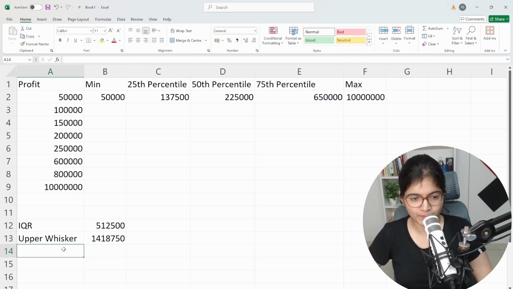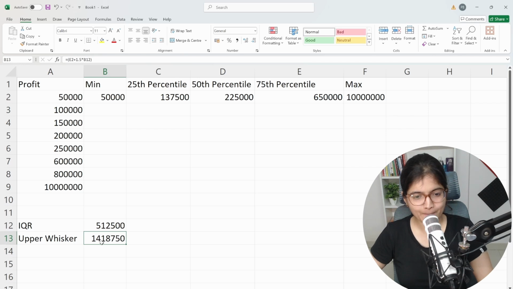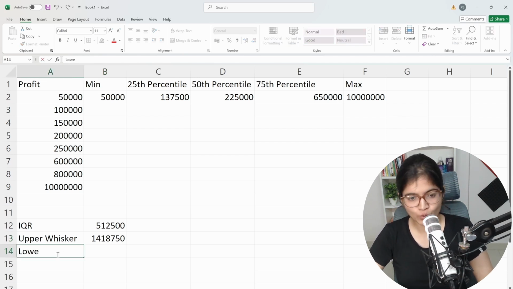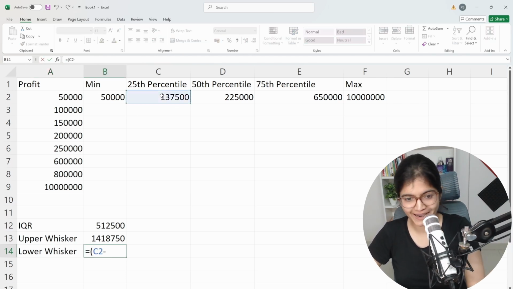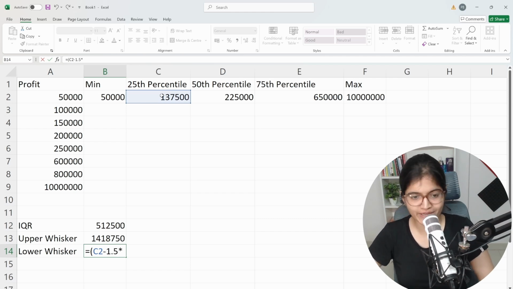So you will be able to get the upper whisker value. Now upper whisker is 14 lakh 18,750.